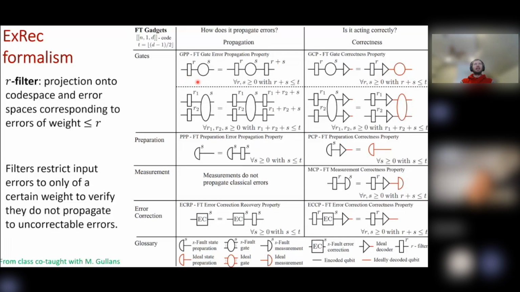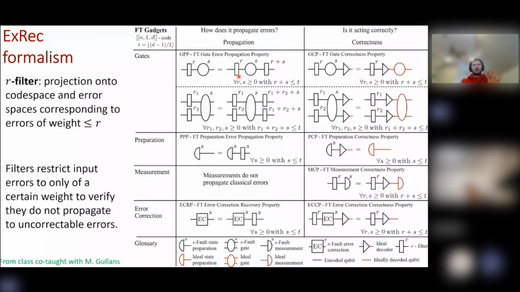So here you have a gate, the circle is a gate, and you have some errors of weight R coming in, and this gate is going to do something to these errors, going to propagate them. And we want to make sure that it doesn't propagate them past R plus S weight. So we say, okay, well then this has to be equal to this doubly sandwiched thing. And S and R have to be such that they're less than the number of correctable errors in the code. So then the distance over 2, which is defined to be T here.